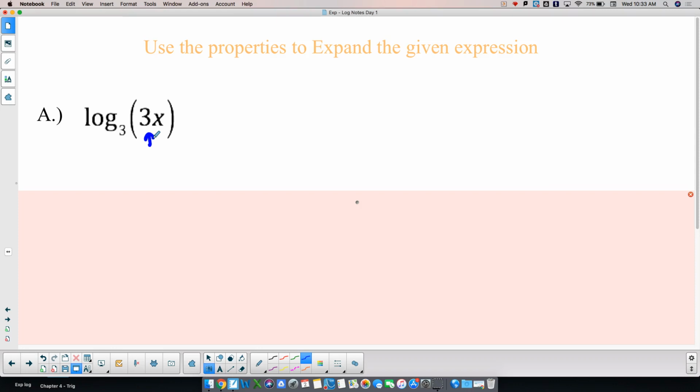So that's going to be plus or minus when I expand. That's going to be plus. So this becomes log base 3 of 3 plus log base 3 of x. Use the product property.